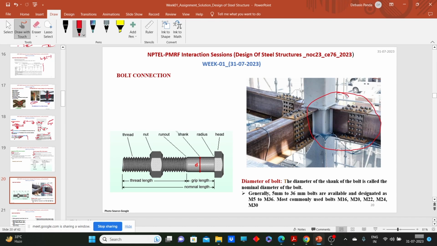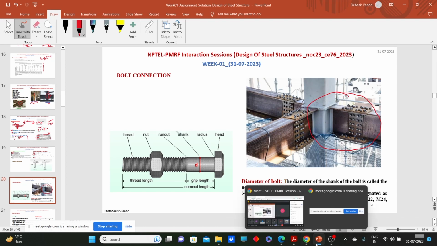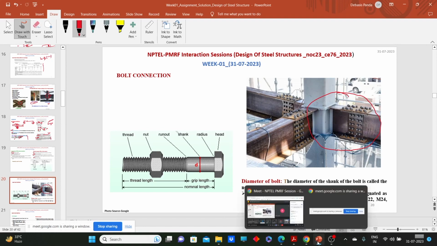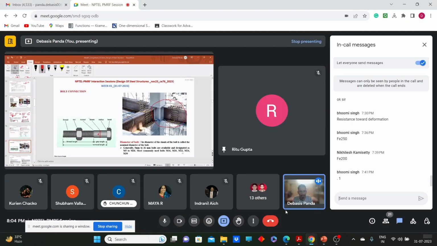Before going into detail on bolted connections, I have visited the syllabus, and the rivet part is less covered.